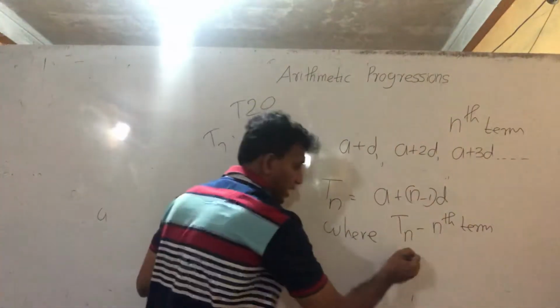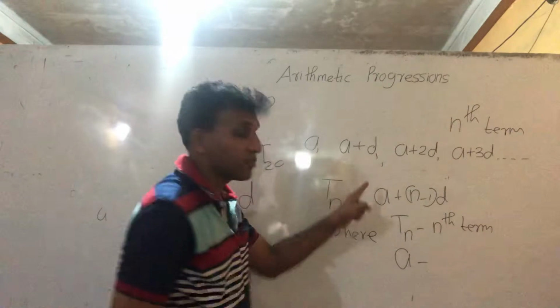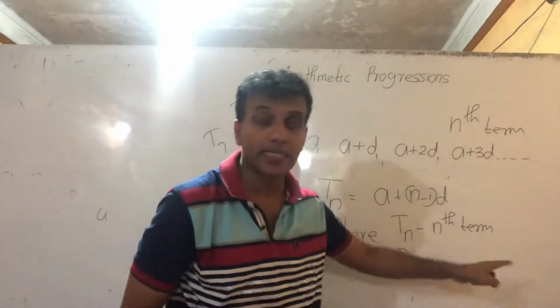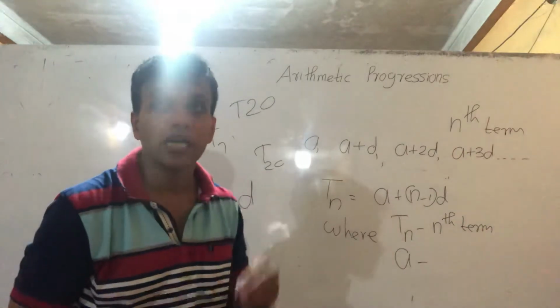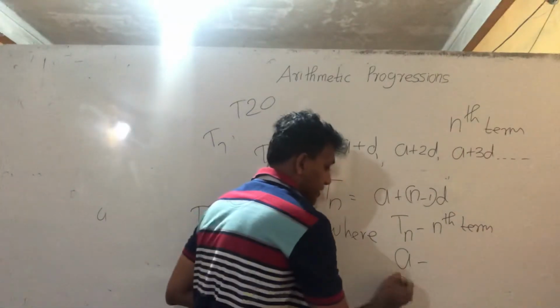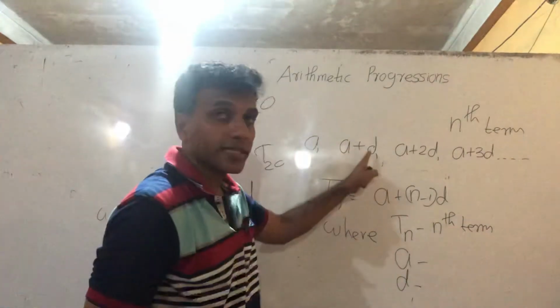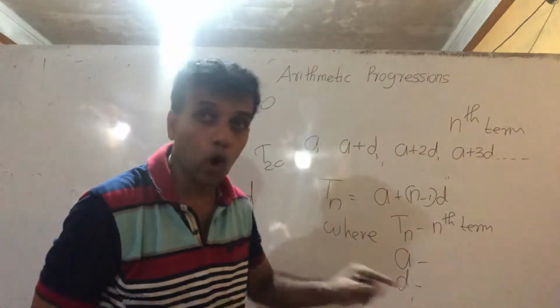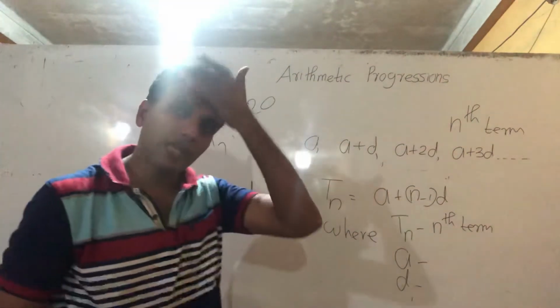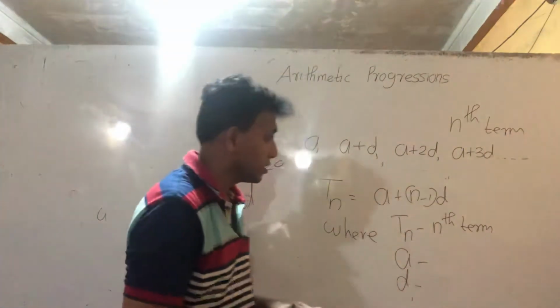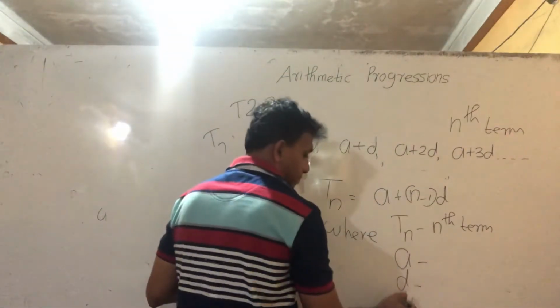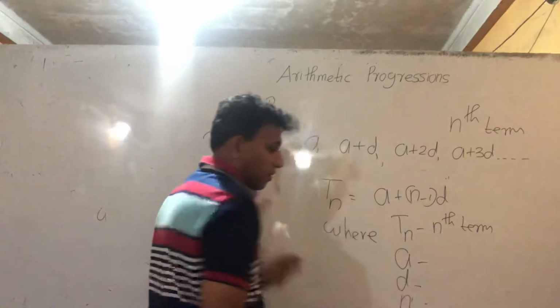And write: A is the first term, or initial term, right? Next, what is D? D, as I mentioned earlier, is the common difference. And small n: what is n?